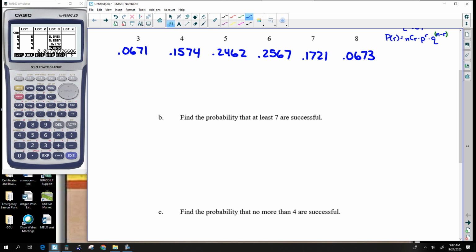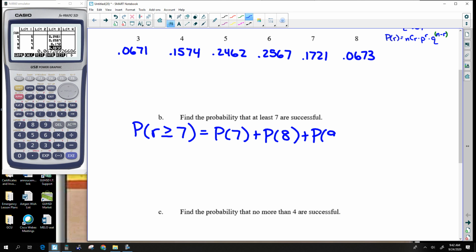Probability that at least 7. So because there are 9 things, it'd be 7, 8, and 9. I already have the 7 and 8 written. I don't have the 9, so let's look that up. 9 is 0.0117.